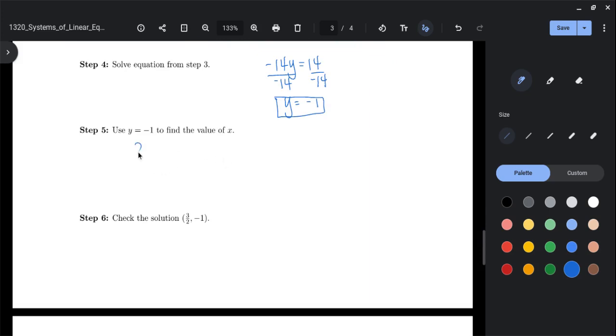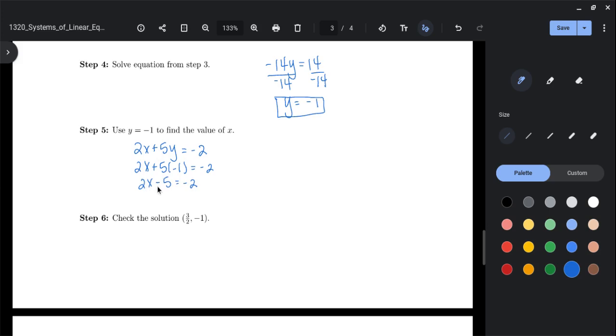So that was 2x plus 5y equals -2. I'm substituting in a -1 for y. And now I'm going to multiply. So 5 times -1 is -5.